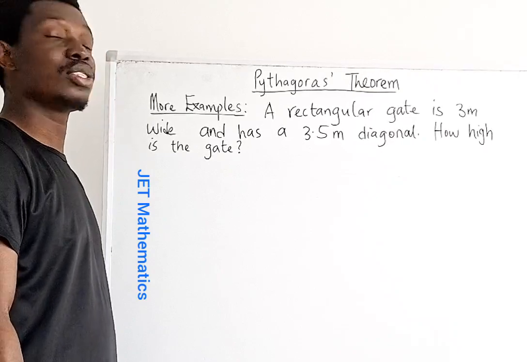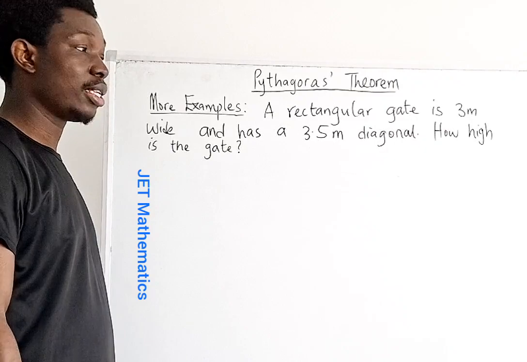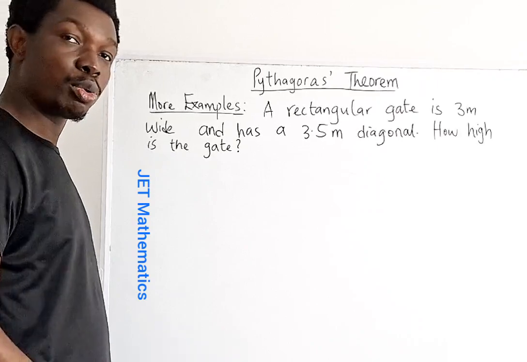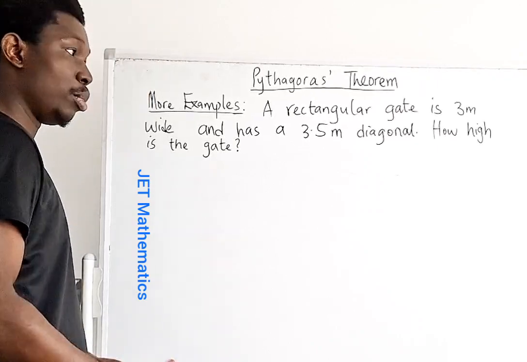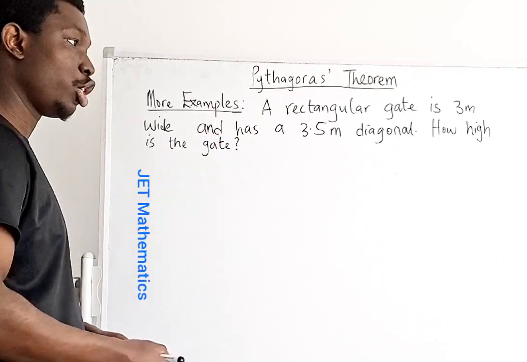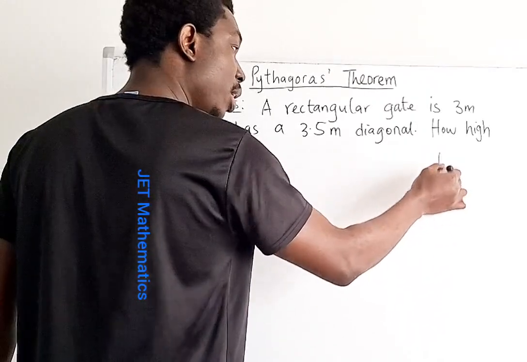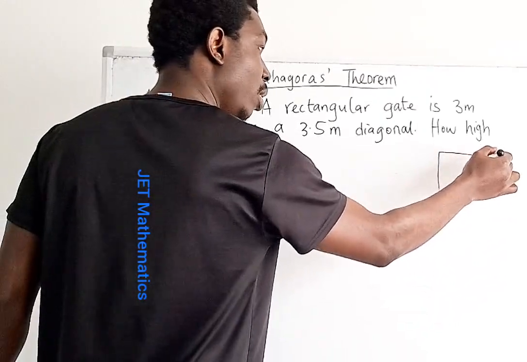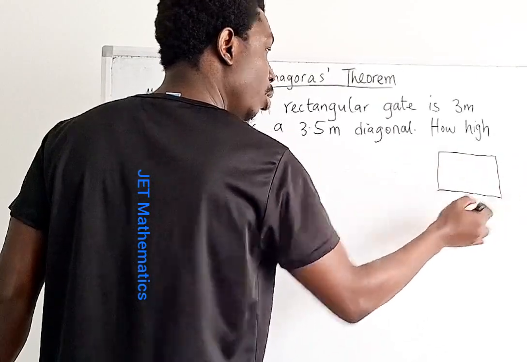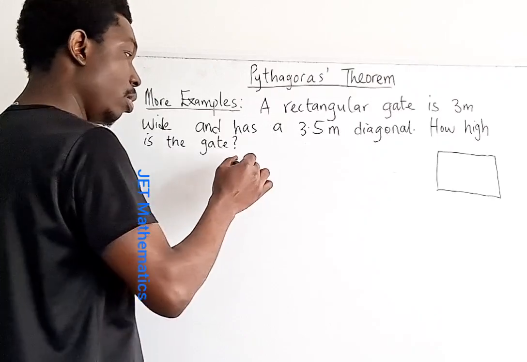Now, before you start solving problems like this, it's very important you try to visualize how the problem is, because this problem is on plane shape. So first of all, you try to get a rectangular gate. So we can draw the gate to build this, okay?